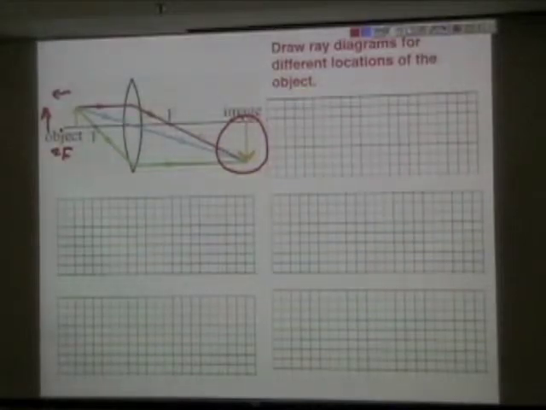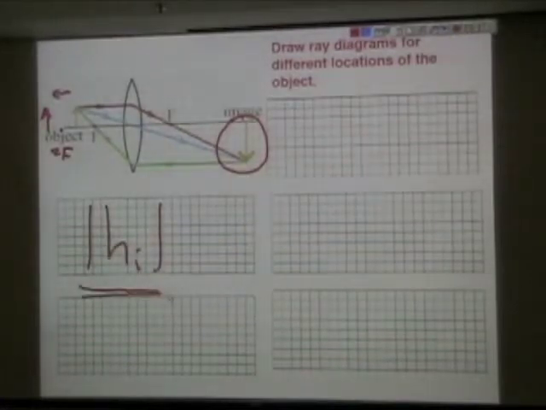First of all, it changes its location, but in addition, it changes its size. And when we talk about change in the size, we talk about the magnitude of its height. So what is happening to the magnitude of its height? Is it getting larger or smaller? If you think it's getting larger, you can press 1. If you think it's getting smaller, you can press 2.